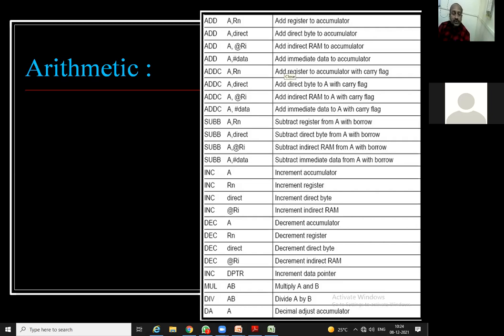One more thing I want to add: in ISC it was asked to write the program. Many have copied the embedded C program from somewhere, but whatever programs we are looking at here, we are all writing assembly language code. You might have learned embedded C in your diploma.